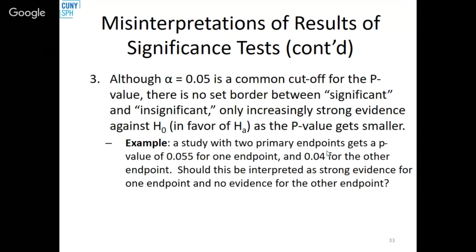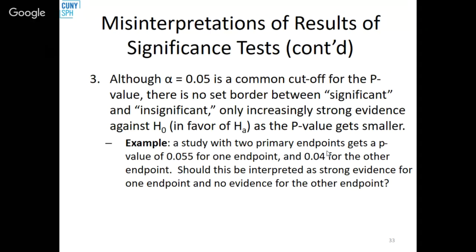Say this is for the effectiveness of an intervention on two different measures of the same outcome. Say we're talking about viral load suppression of HIV patients and CD4 count being high.